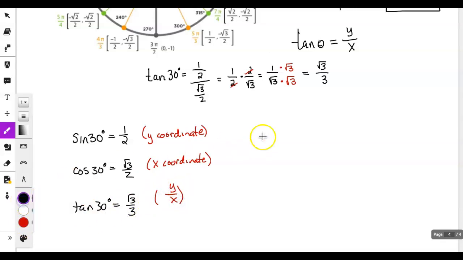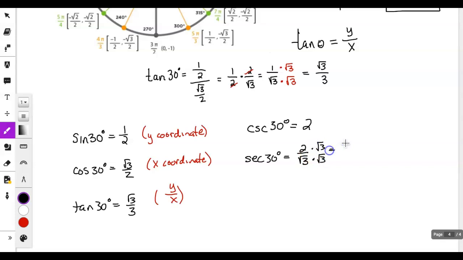To get the reciprocals, it's actually really easy. You just flip all of these answers. So if I want the cosecant of 30, I just take the reciprocal of 1/2, which is 2. If I want the secant of 30 degrees, I take the reciprocal of √3/2, and I get 2/√3, and rationalize it.